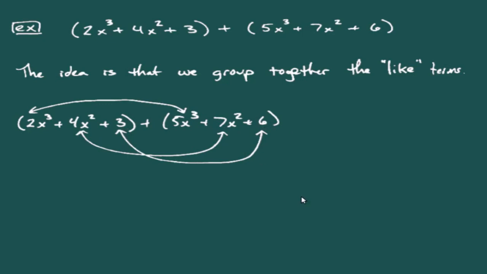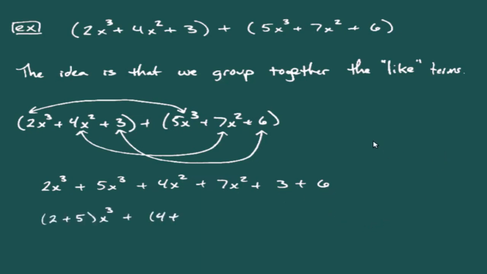And so I rearrange things, put those like terms together: 2x to the 3rd plus 5x to the 3rd. I'm putting together the 4x squared and the 7x squared, and then I'm putting together the 3 and the 6. Well, the distributive property says that's going to be the same thing as 2 plus 5 times the x to the 3rd power.